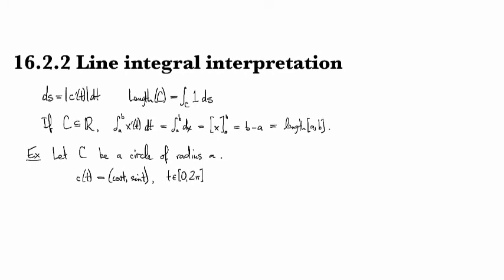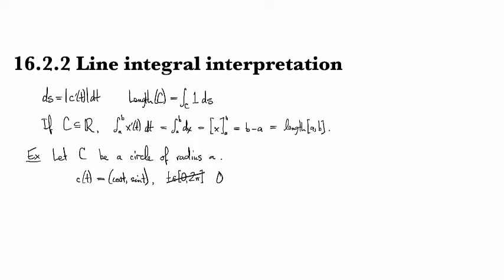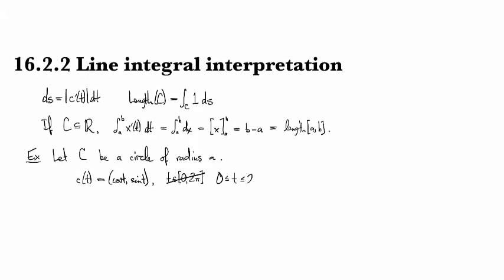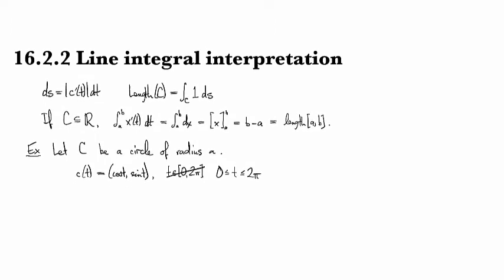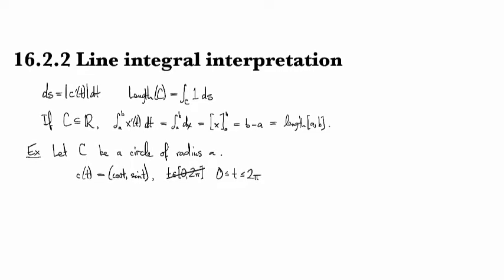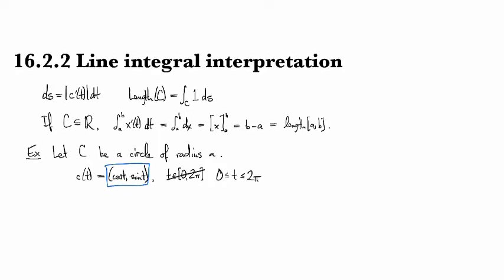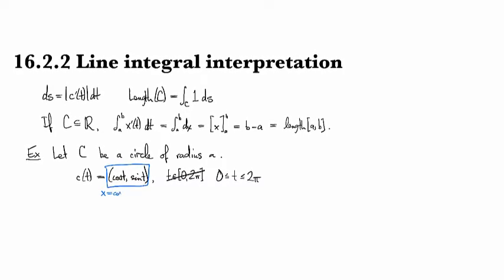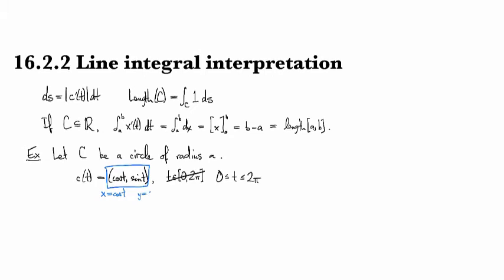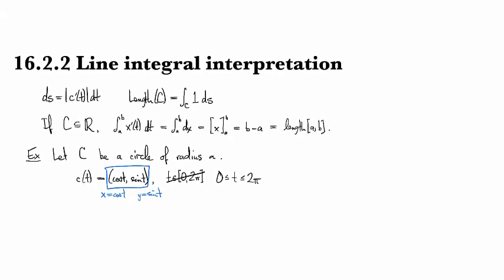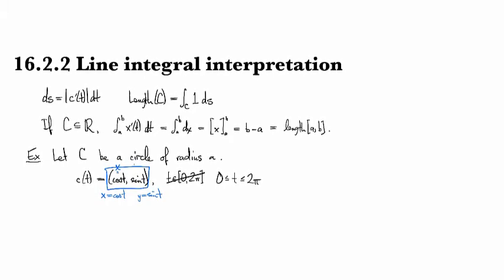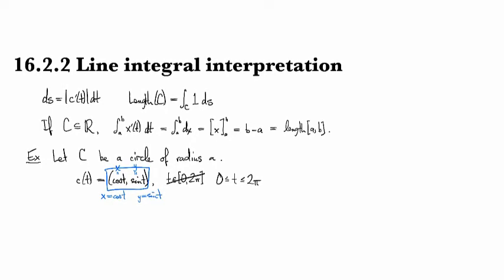As soon as I write down this parameterization, and this is going to be super important for all the stuff that we do later on, you're going to make the substitution x equals cosine t, y equals sine t, because that's exactly what this means. This is your x coordinate and this is your y coordinate. So you're setting up for doing a substitution.